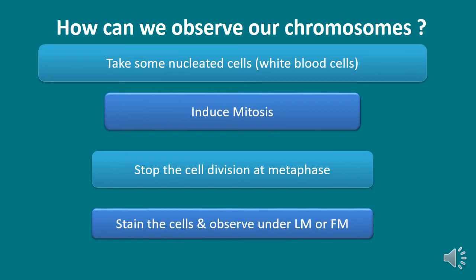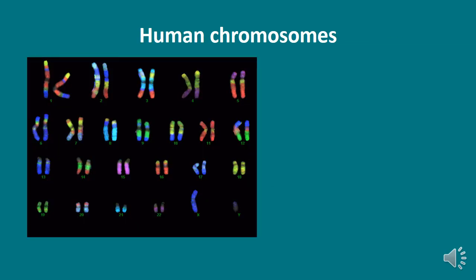If we use a dye such as Giemsa, we can observe the cells under a light microscope. But if we use a fluorescent dye, we have to use a fluorescent microscope to observe our chromosomes. This is how we can visualize our chromosomes under a fluorescent microscope.